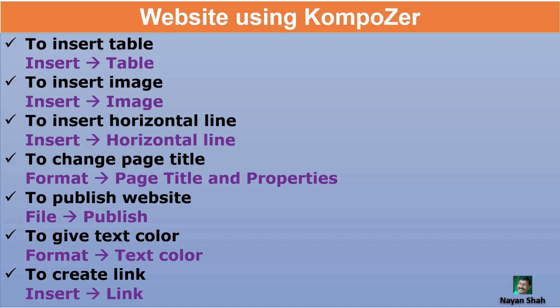For inserting a horizontal line, again the Insert menu. To change the page title, go to the Format menu and select page title and properties. To publish the website, once the website is ready, go to the File menu and select publish. To give text color, you go to the Format menu and select text color. And for inserting a link, you can create a link by going to the Insert menu and selecting link.